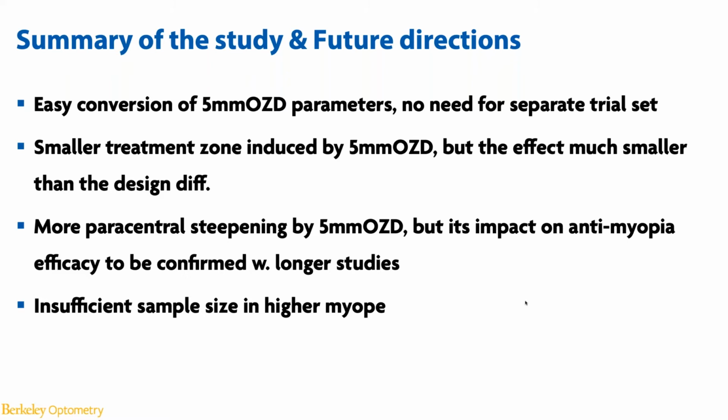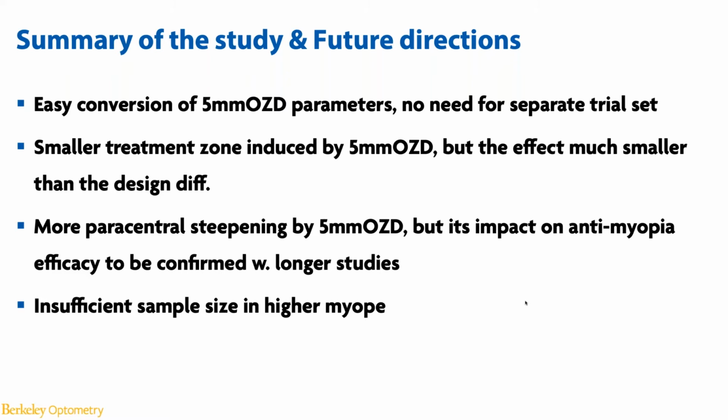And we do see more paracentral steepening with the 5mm lenses, but its long-term impact on the anti-myopia efficacy will need to be confirmed with longer studies with the primary outcome as axial anti-myopia efficacy instead of a short-term study. And for this study, because of our smaller sample size, we only had 5 eyes with a refractive error of over -5.